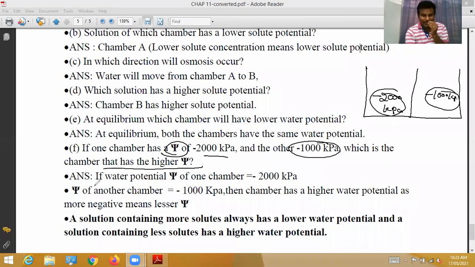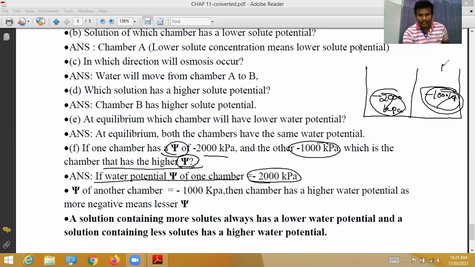Okay, so if the water potential of one chamber is minus 2000 kilopascals and the other chamber is minus 1000, which chamber has the higher water potential?